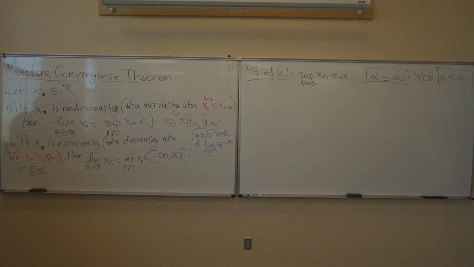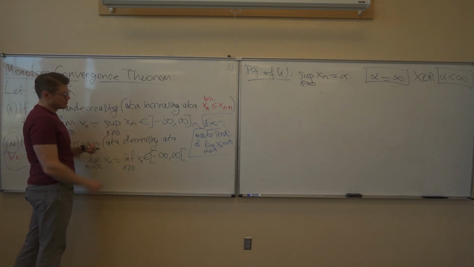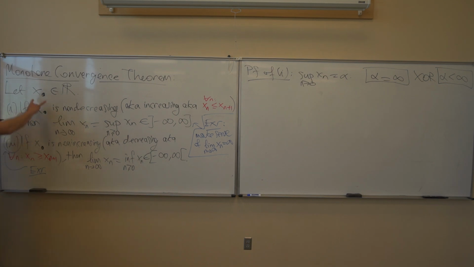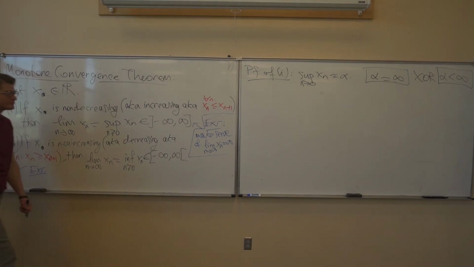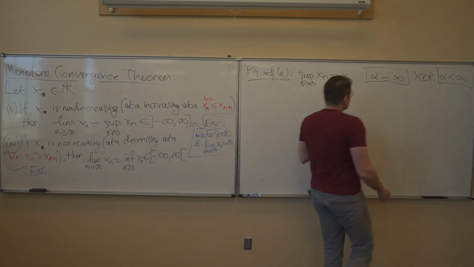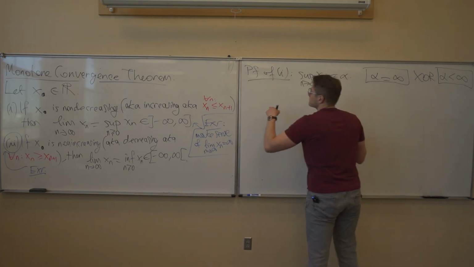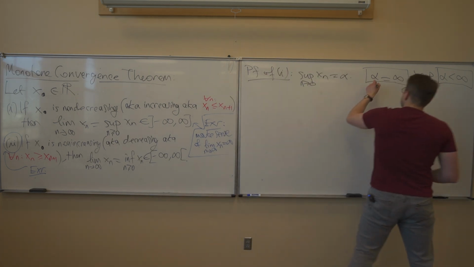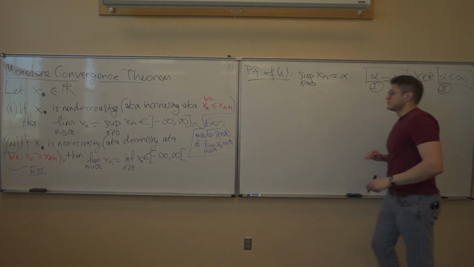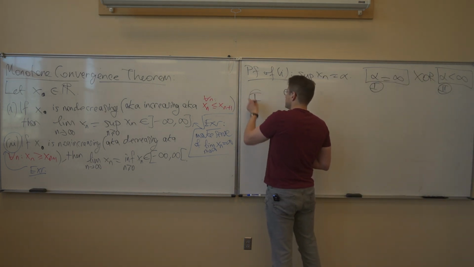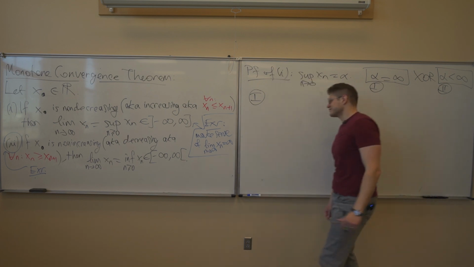If alpha is infinity, by definition that means that the trail set, so the image of the function x bullet, is unbounded. So let's write it like this. This is case number 1. This is case number 2. Well, I guess now I have to do this exercise.